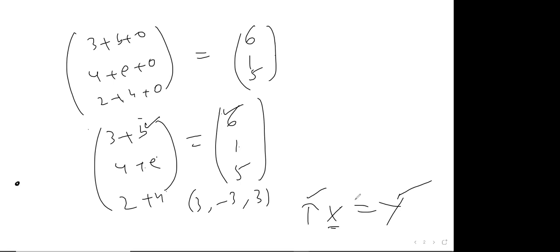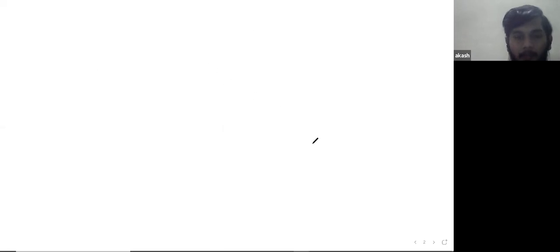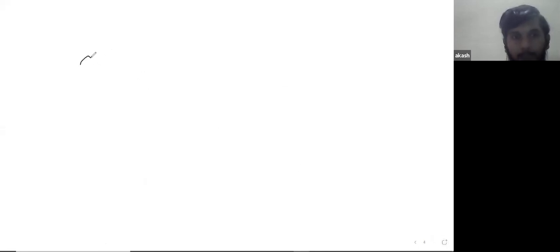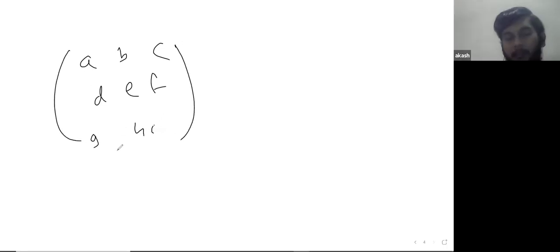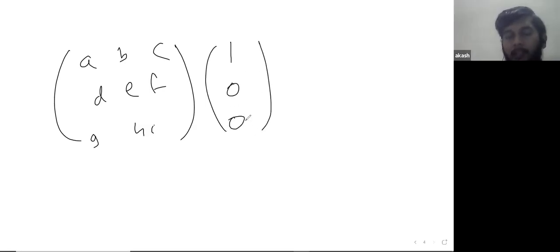Can you write it for the first one again? For the 342? Okay, let me write that. I assume this is my transformation matrix. The point that was to be transformed was 1, 0, 0, by this matrix.